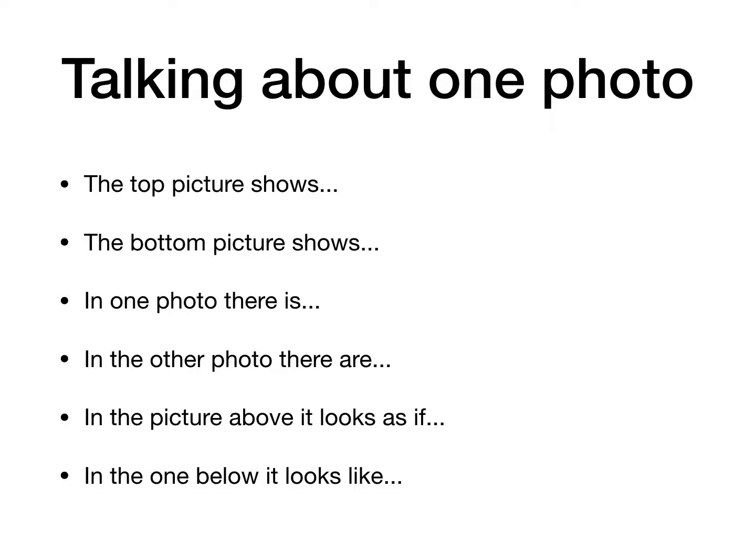Now let's talk about similarities between photos. So the first phrase that we have here is, we can use show, and we can use there is and there are. So for example, both pictures show. This is a good phrase just to say that there is something in both of these pictures, or there is a common theme between them.